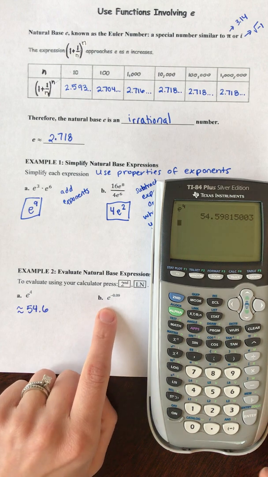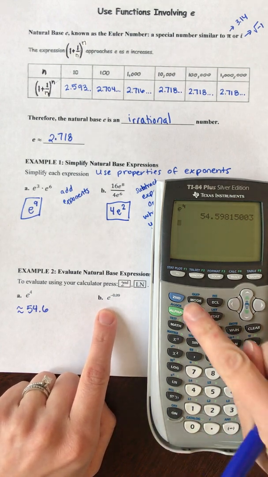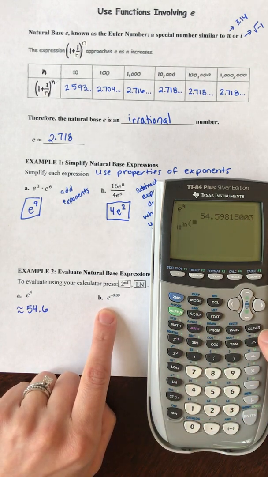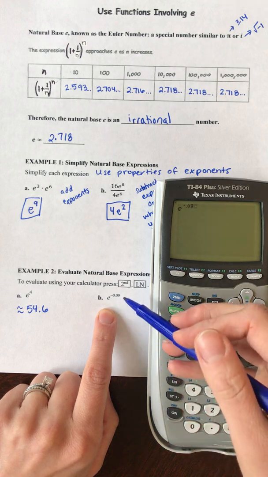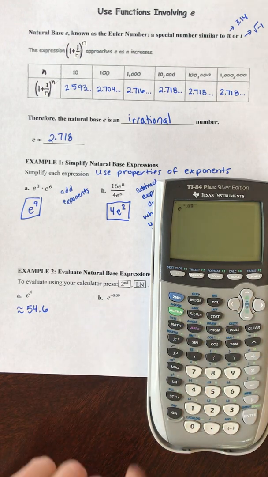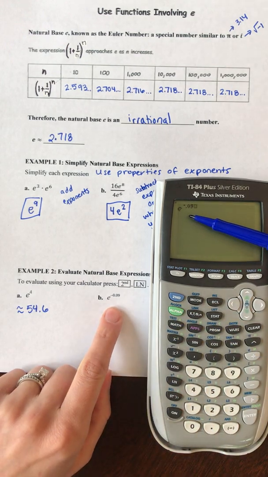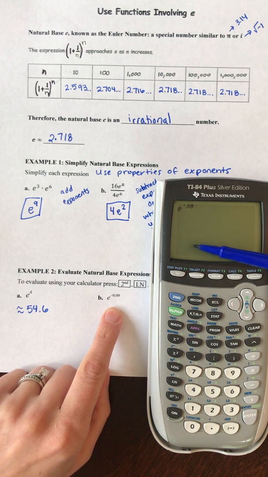Okay, we are going to have some negative exponents, so maybe you type in second ln, so e to the negative 0.09. One thing I will say about when you're plugging these in is be really careful. I have a lot of students that forget the 0 before your decimal point. Maybe you forget a decimal point, so there's really, those are some common errors you just have to make sure you're really careful about.